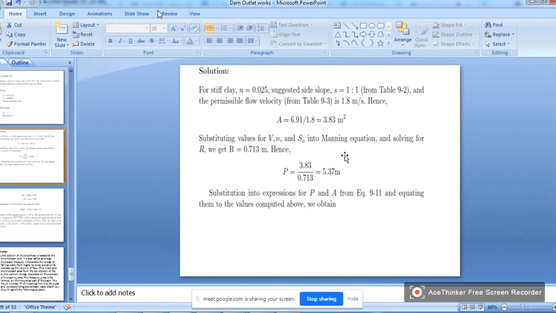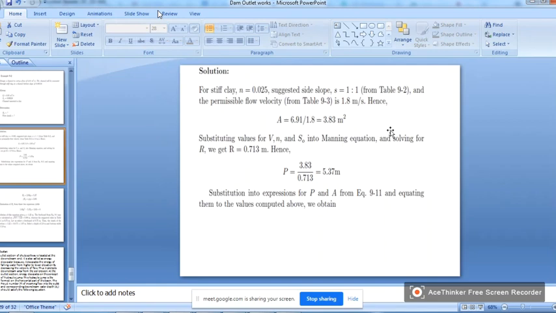So B plus 2y is equal to 5.37, one equation. And for the other, A we got 3.83. So A is equal to B into Y is equal to 3.83. You will get another equation, right? Substituting these two, solve the equations, you will get the B and Y values.